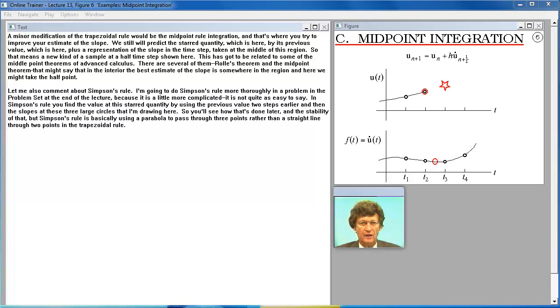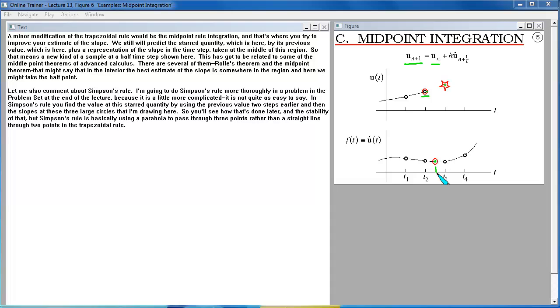A minor modification of the trapezoidal rule would be the midpoint rule integration, and that's where you try to improve your estimate of the slope. We still will predict the starred quantity, which is here, by its previous value, which is here, plus a representation of the slope in the time step taken at the middle of this region.